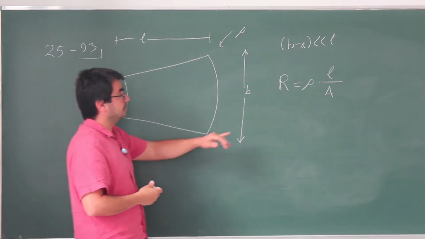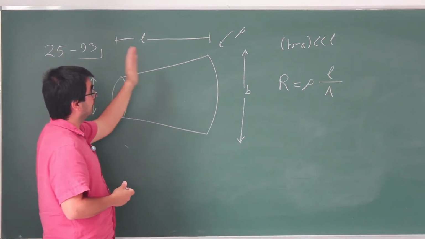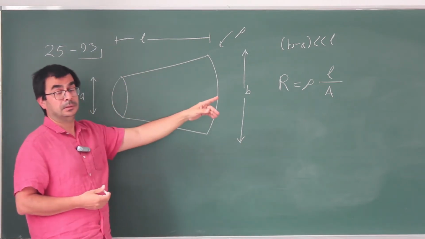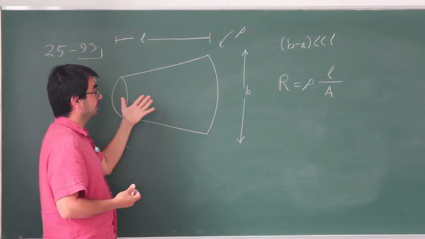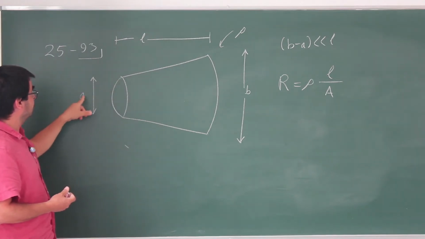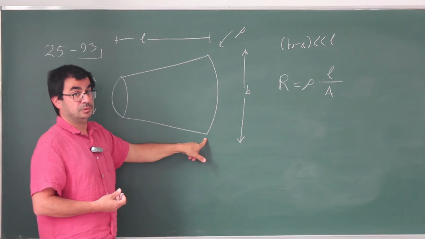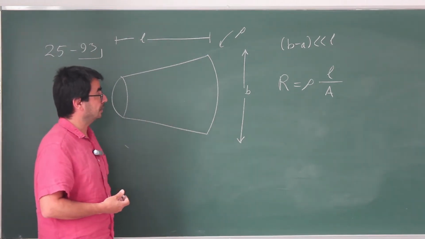The resistivity is uniform, so that is fine. The length is okay, but the area of this resistor is not well defined. Here the area is pi times A over 2 squared. On the other side, the area is pi times B over 2 squared. So you can't really directly apply this formula.